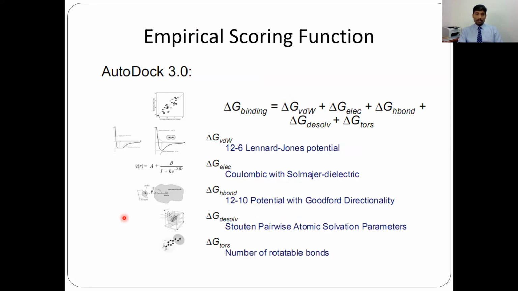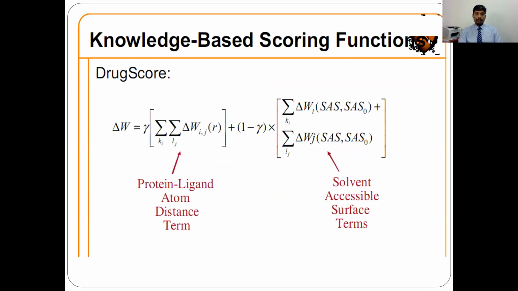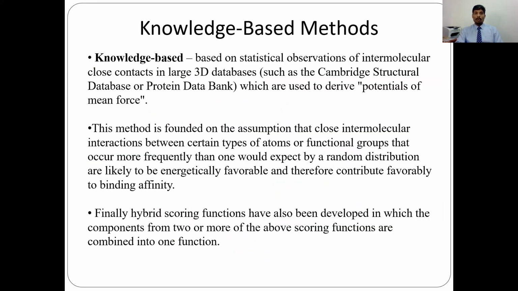AutoDock 3.0 is another empirical scoring method of its own. So these are the calculations, how it works. And then knowledge-based. Knowledge-based is based on knowledge, as mentioned: based on statistical observations of intermolecular close contacts in large 3D databases.